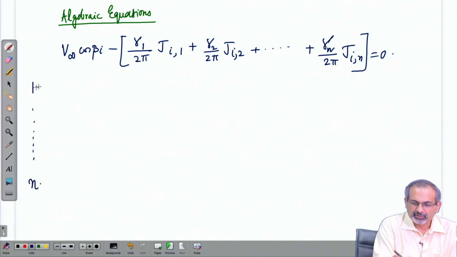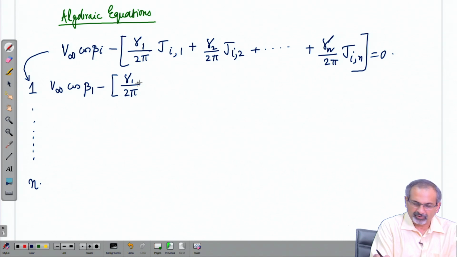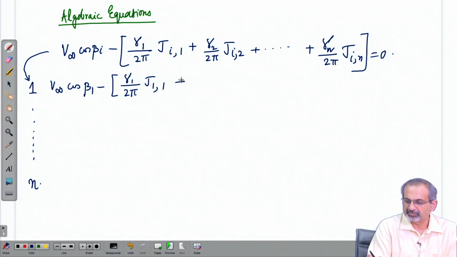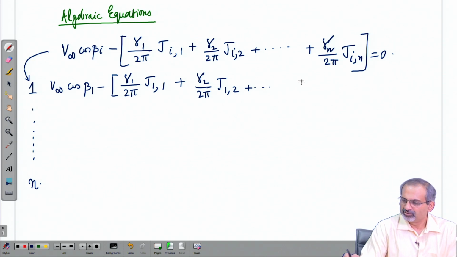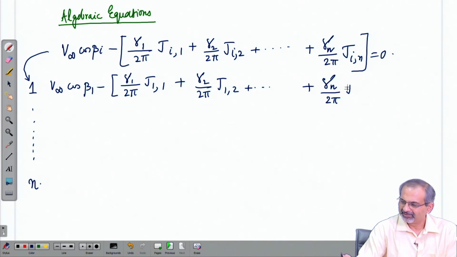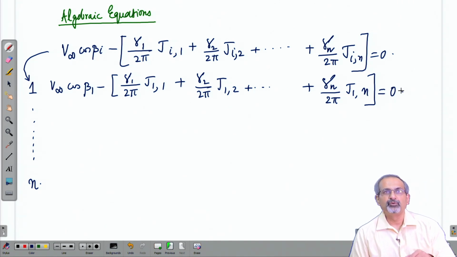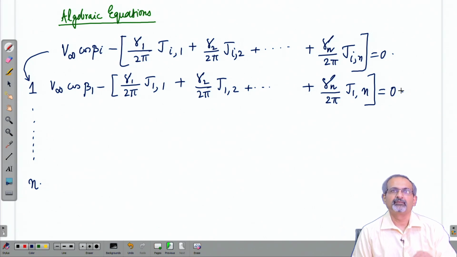So, how will this equation look like when we apply it to panel number 1? Let us try to write it down. It is very simple to deduce from that general form. You have to just substitute 1 where I arises. So, remember that the second subscript in the J, that is the integral, stands for the panels which are influencing the control point of the first panel.